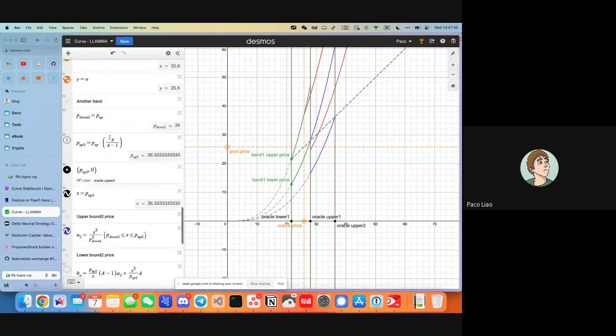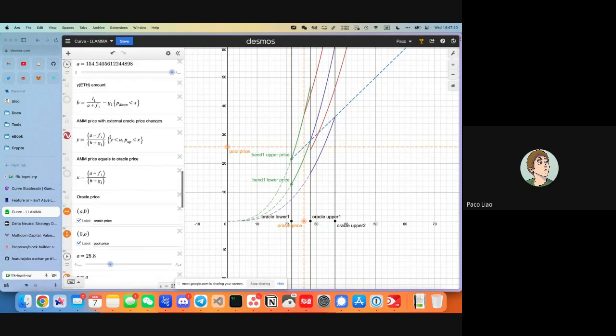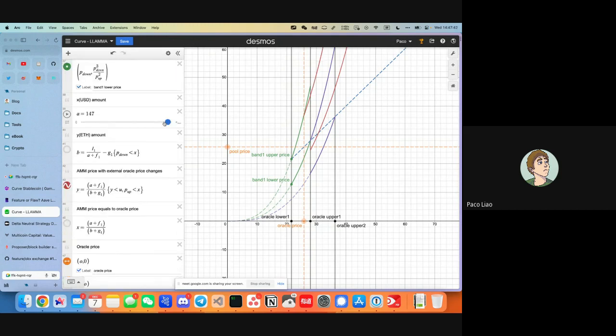So if someone swaps on the AMM, the market price will change, and this A value is the X amount in this AMM. But if no one swaps in this AMM, but the market price is changing, this AMM price will also change.